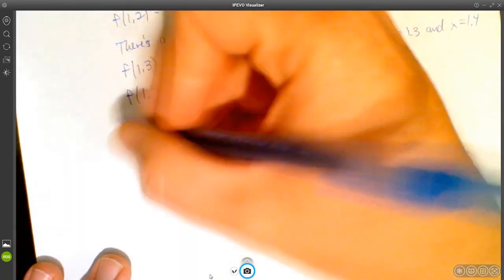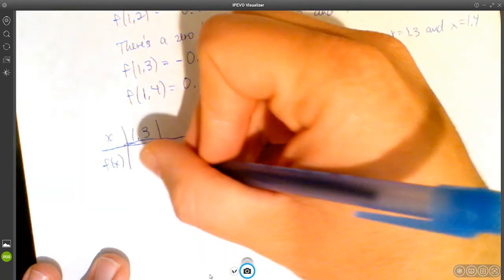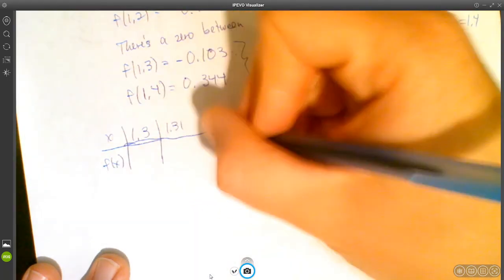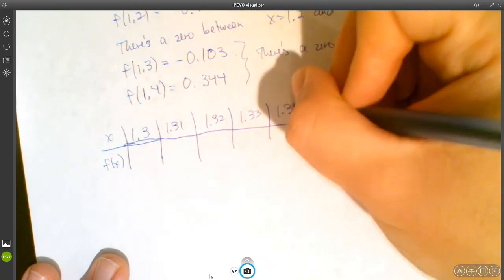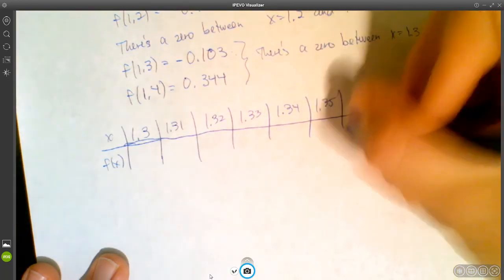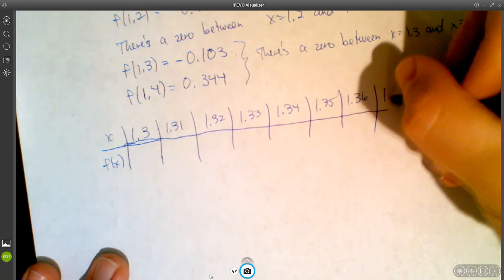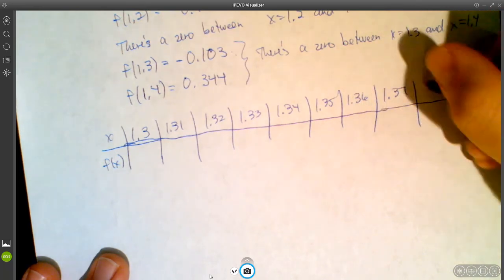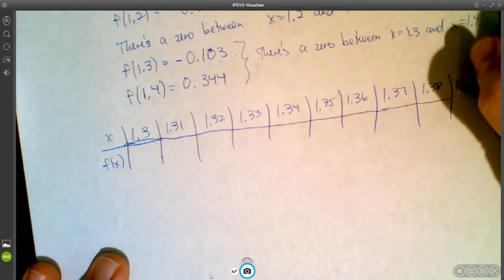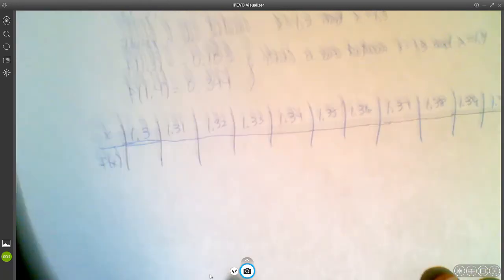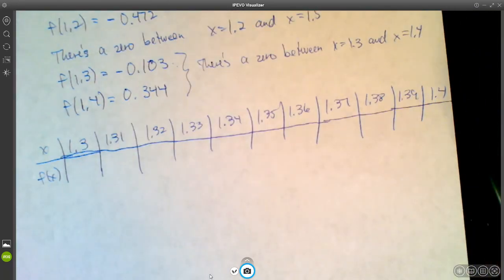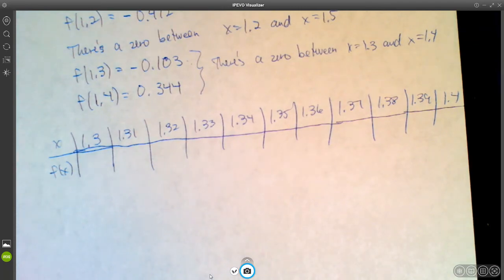I'm going to say 1.3 on one end, and I'm going to put x here and f of x down here. 1.31, 1.32, 1.33, and so forth, up to 1.39 and then 1.4. Okay, and then I can go back into my calculator, or if you're really clever with Excel, you could probably do these all at once.